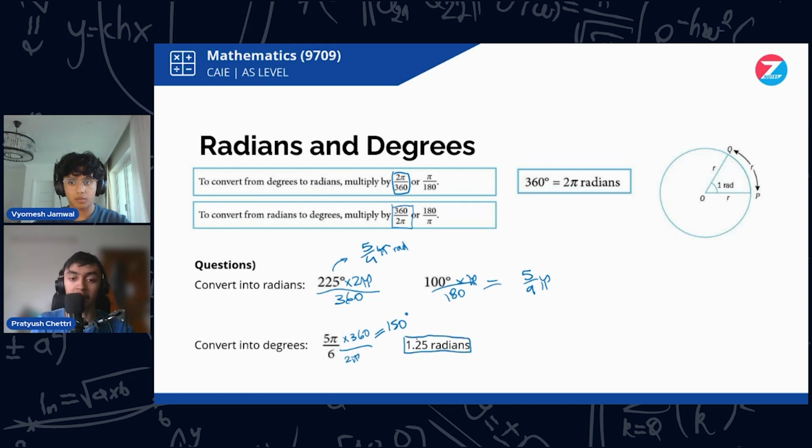And wait, what about this one? There's no pi attached to it, but it's the same formula. 1.25 radians times 360 over 2 pi is equal to, well, it's an irrational number because there's no solid multiple, but I'm going to round it.